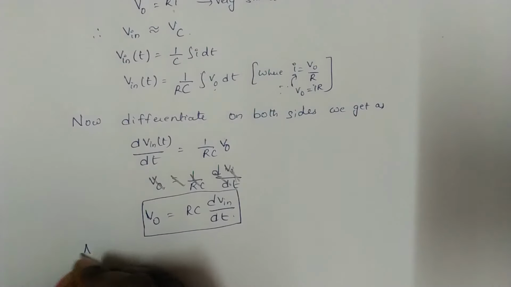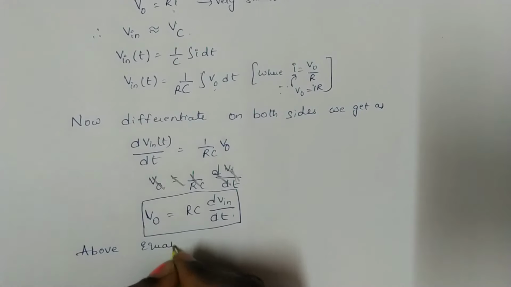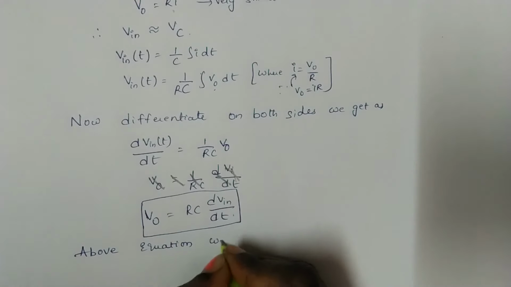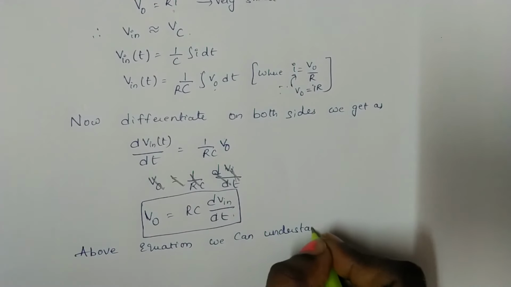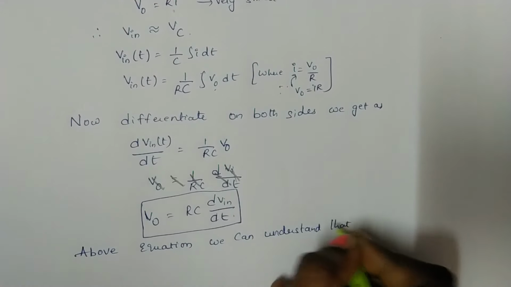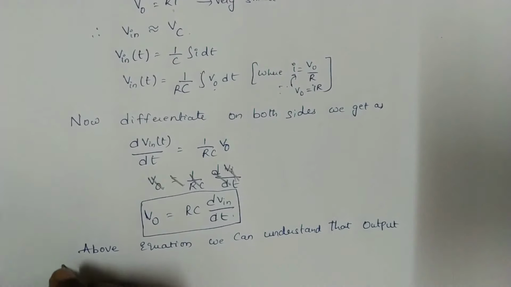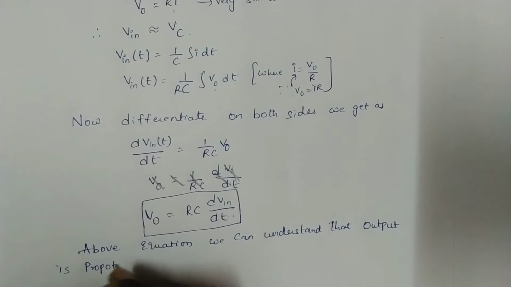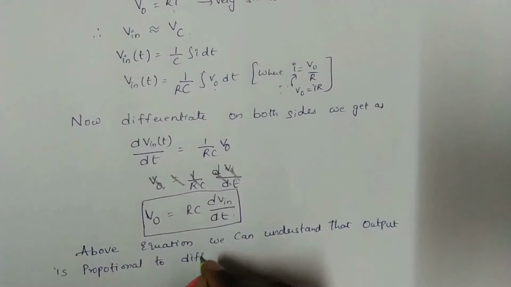From the above equation we can understand that the output is proportional to the differentiation of the input signal.